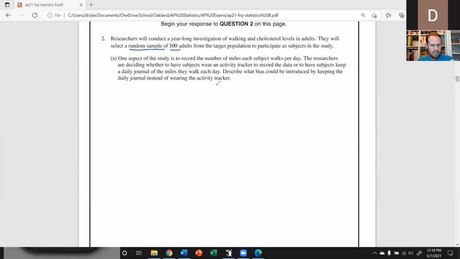All right, well, if you're keeping the daily journal, then you've got to come up with the numbers somehow. And how are you coming up with the numbers? That means they could be responding with incorrect data, which is what we call response bias.